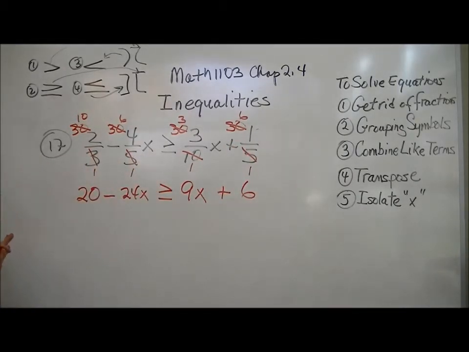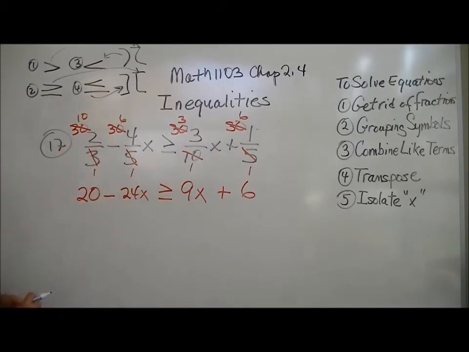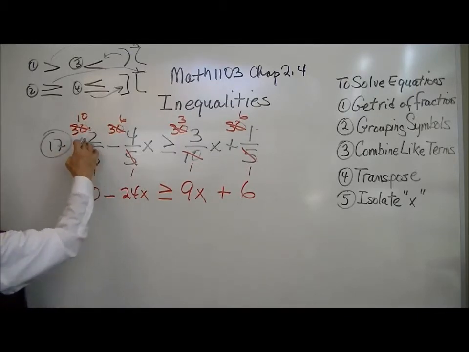And it never hurts to check your work. A good technique. So in black was our original equation. We had these as denominators. We're looking for a common denominator. We said it was 30. So we're going to multiply through, but 3 goes into 30 10 times.